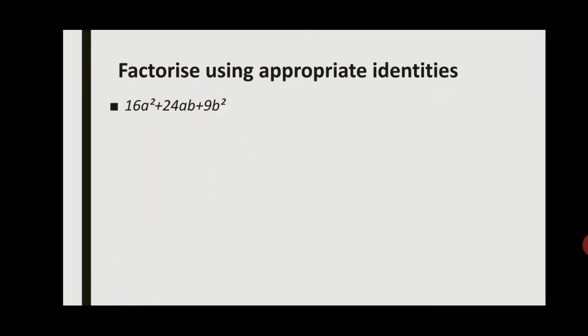Let us factorize this polynomial: 16a square plus 24ab plus 9b square. Which suitable identity can we use to factorize this?